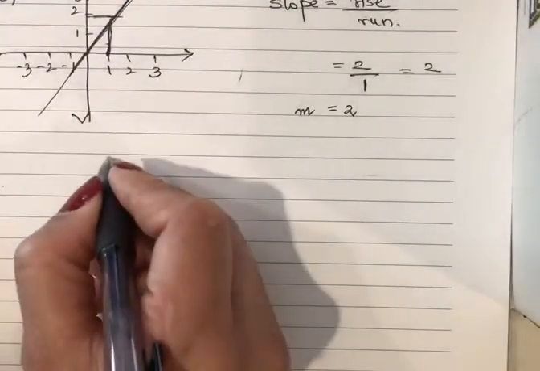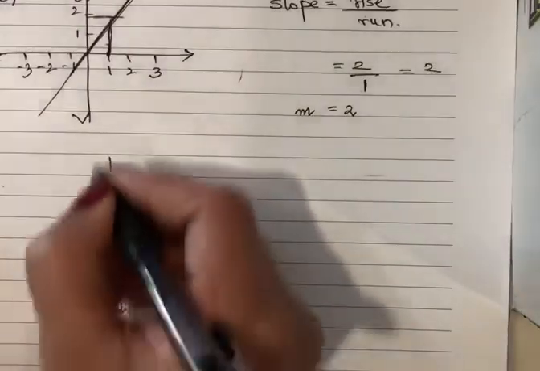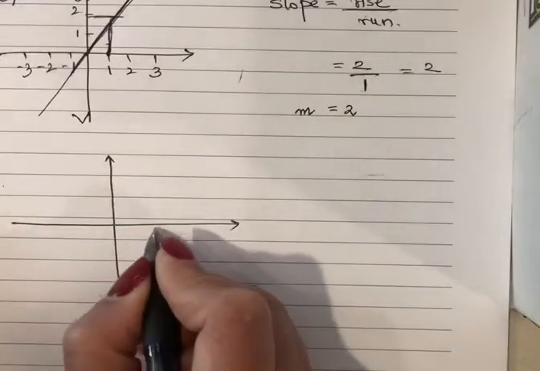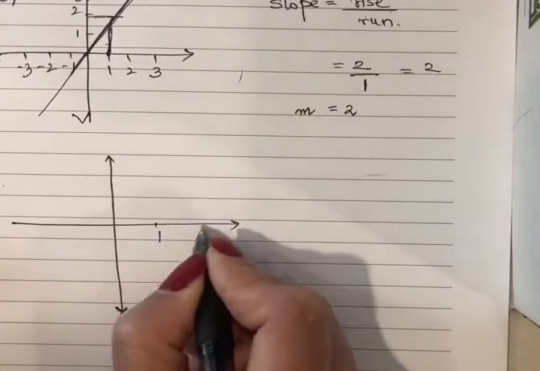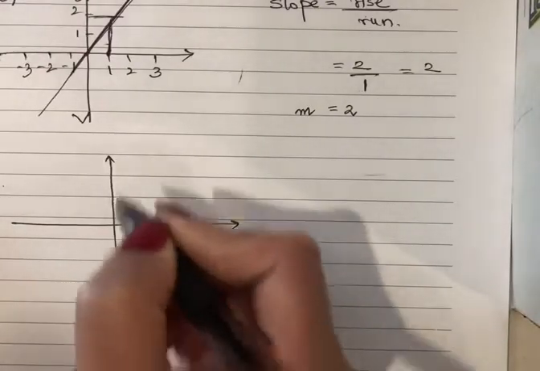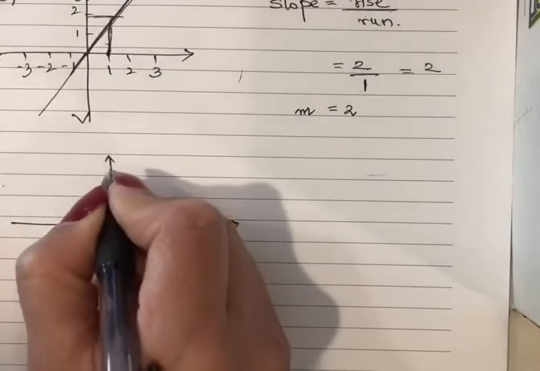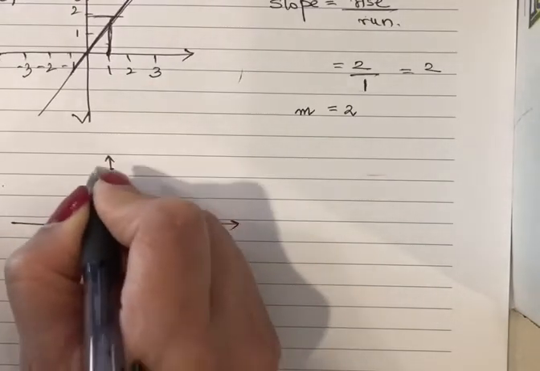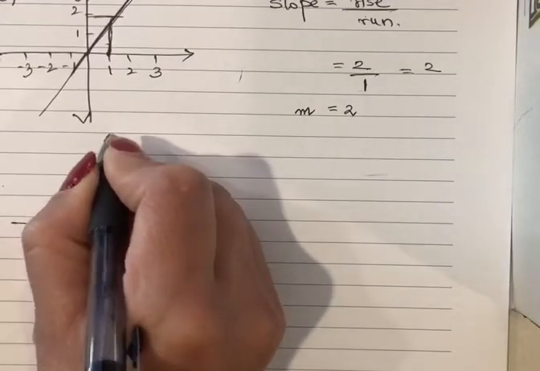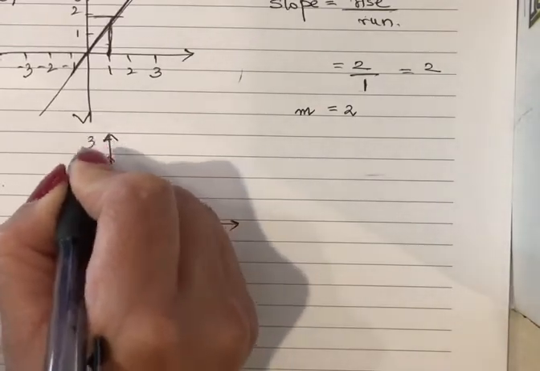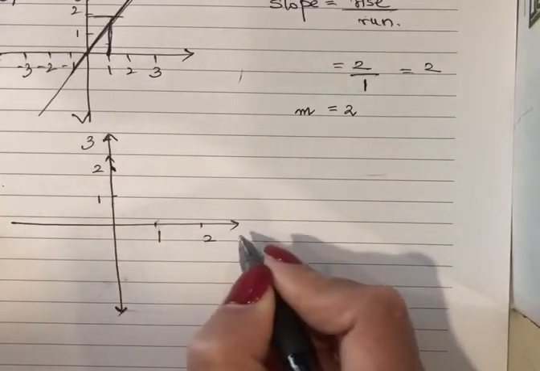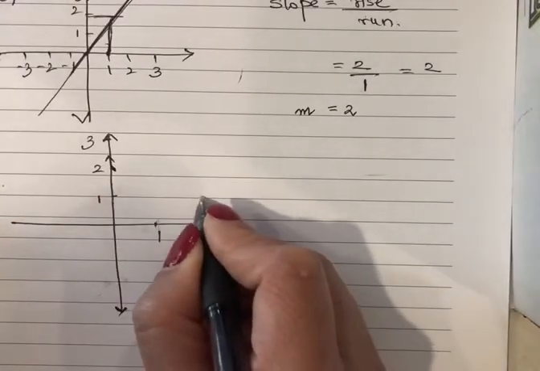I'll try to draw it as close to the picture in the text. Now this is 1, this is 2, it is 1, and it is 2 and 3, and then it goes to 3. The line goes through 2 and the line goes through 1 over here.